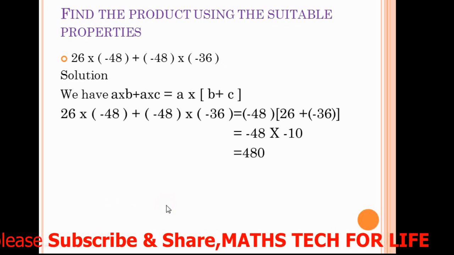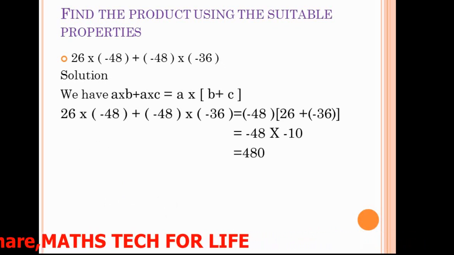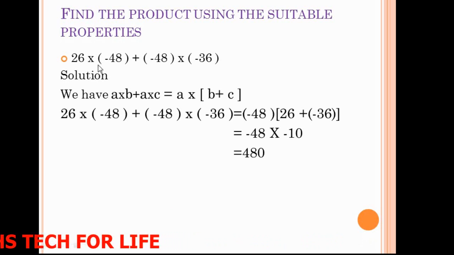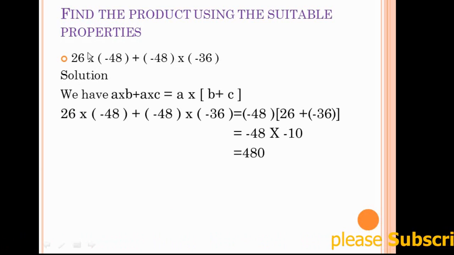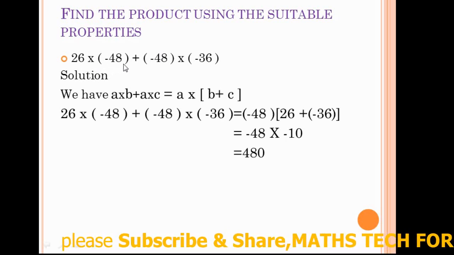Let's go to another example. Find the product using the suitable property. The first question: 26 multiplied by negative 48 plus negative 48 multiplied by negative 36. If you go through this question, we can find that the number negative 48 is repeated.